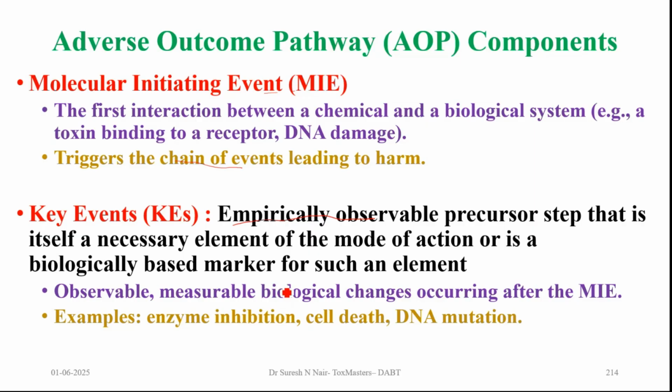Molecular effect changes means the structural changes. Now, how are the structural changes converted to functional changes? That is what is measured in the key events, like enzyme inhibition, cell death, DNA mutation, everything. So how, when a toxin binds with a receptor, it produces cell death. How, when a toxin combines with the DNA, it produces DNA mutation. Those are the key events.